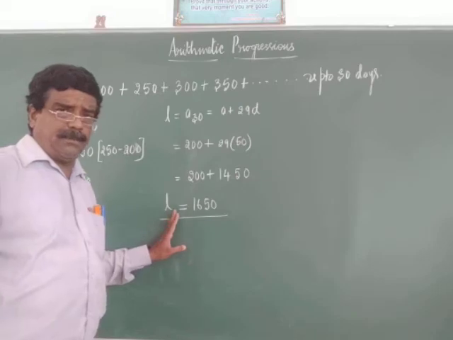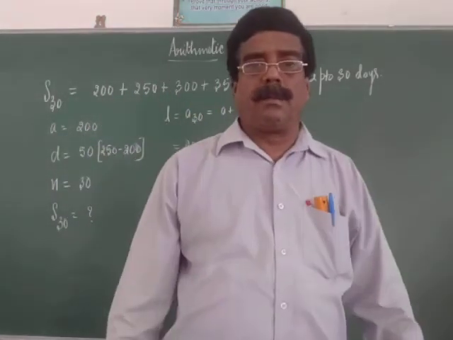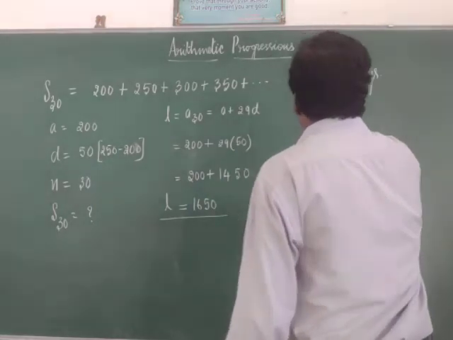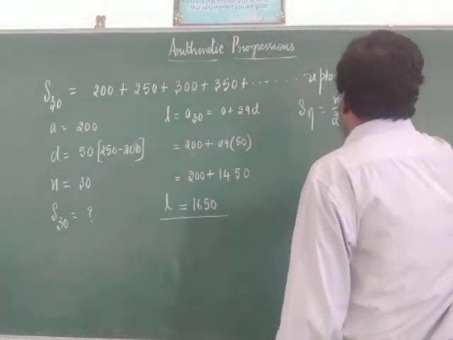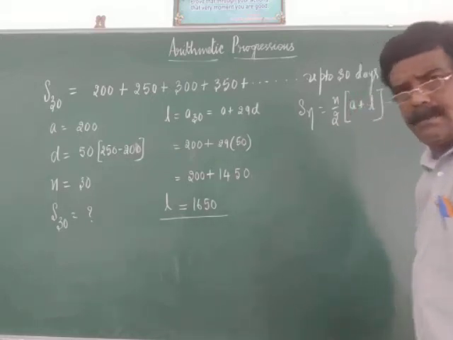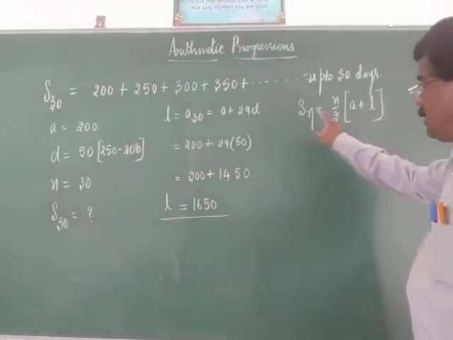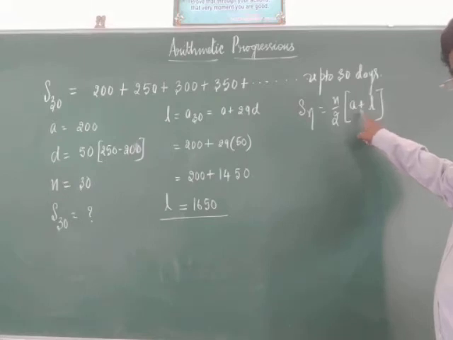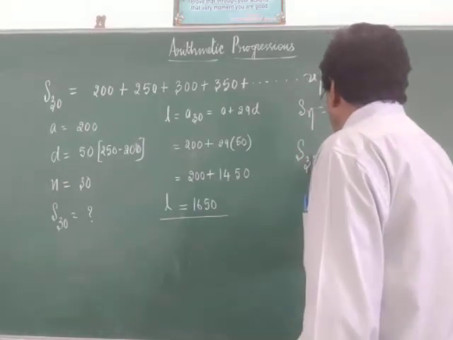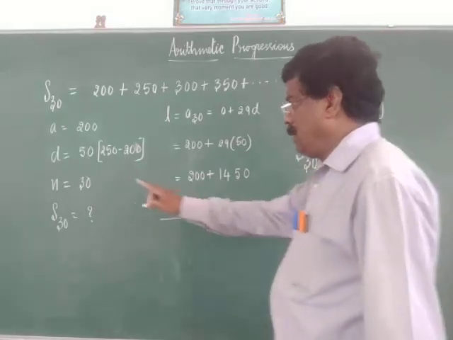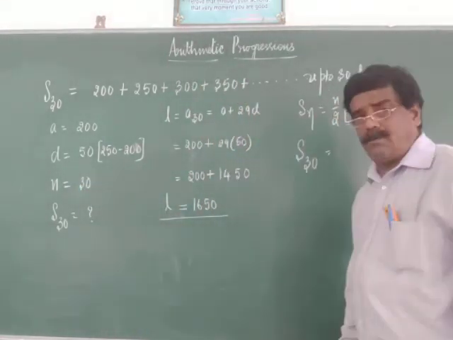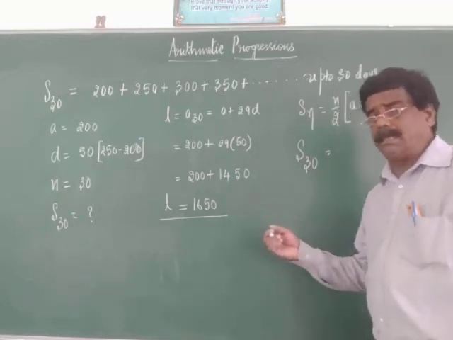Now you can apply this value of the last term in Sn. So the Sn formula we have: Sn is equal to n by 2 into a plus l. In the place of n you can substitute 30, because the question is to find the penalty for 30 days, or the number of terms is 30.